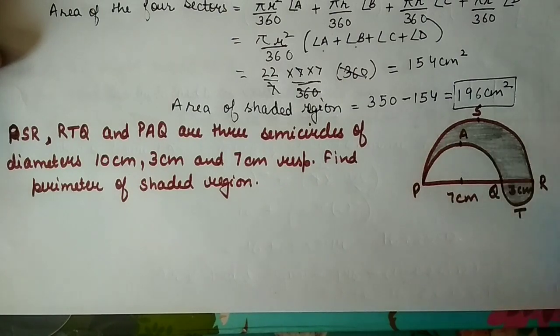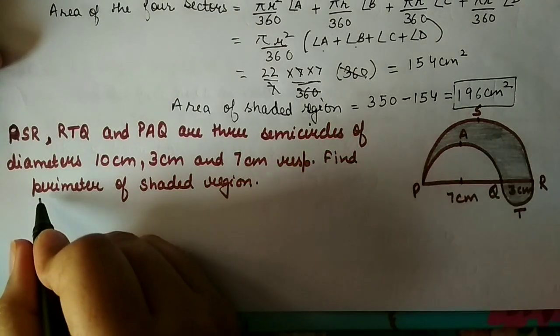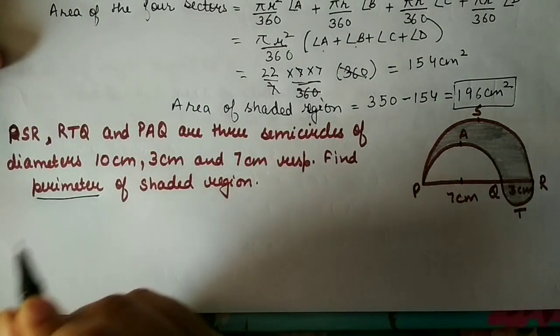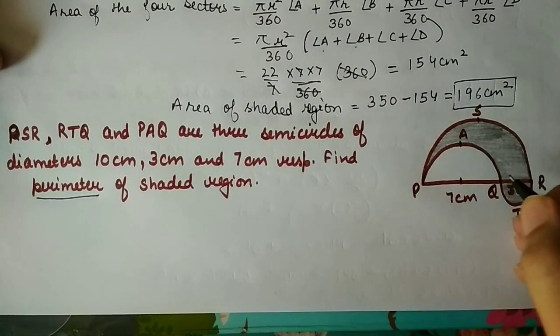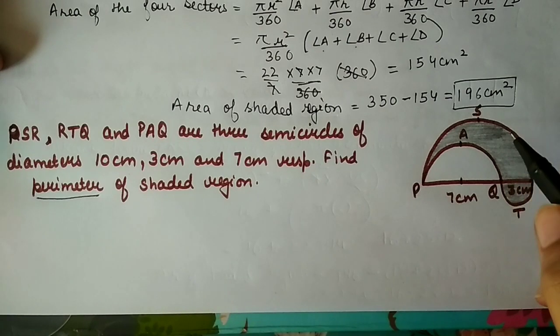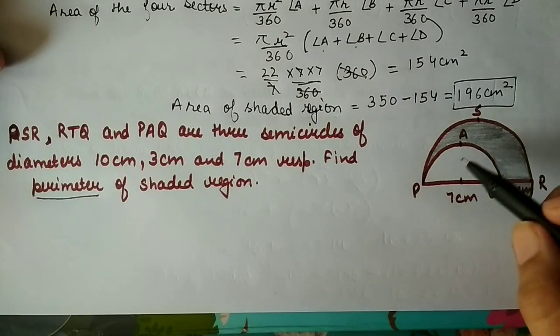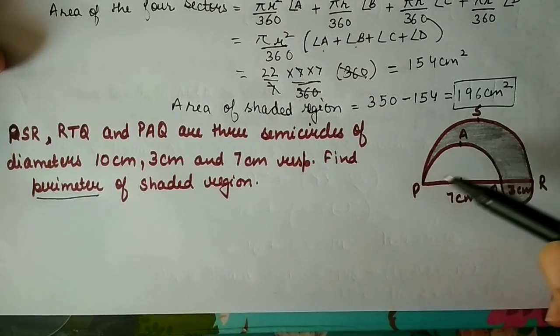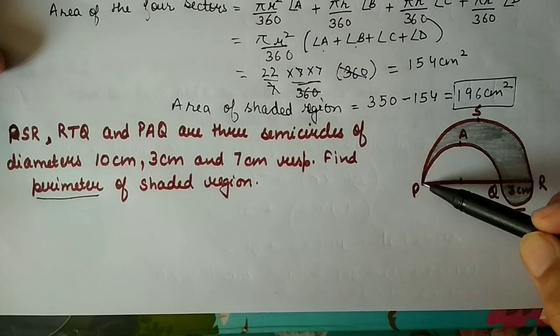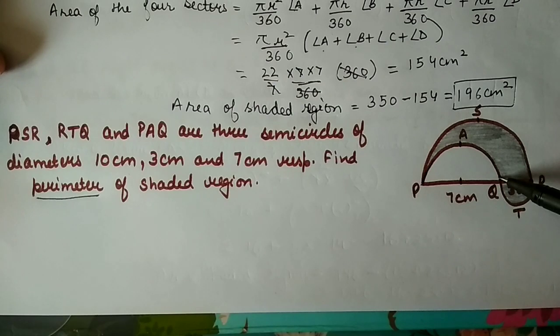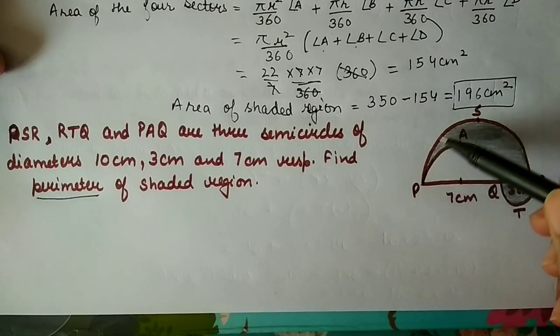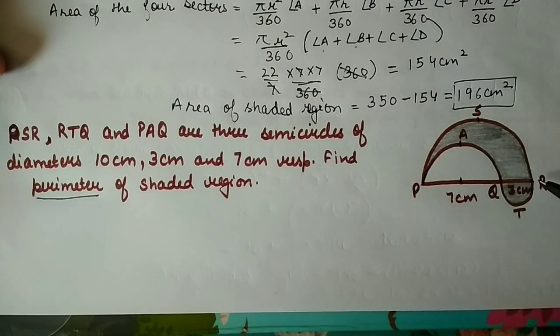So read the statement carefully. Here it is perimeter, so we have to find perimeter, not area. The perimeter is the length of arc PAQ plus the length of arc PSR plus the length of arc QTR.